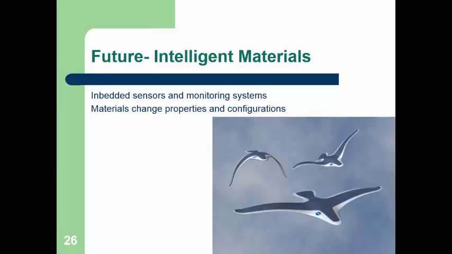But when you apply this to aerospace, you start thinking in terms of eliminating discrete control surfaces like ailerons or rudders, flap systems, and replacing that with a lifting body or airfoil that actually warps itself and changes its lift characteristics.